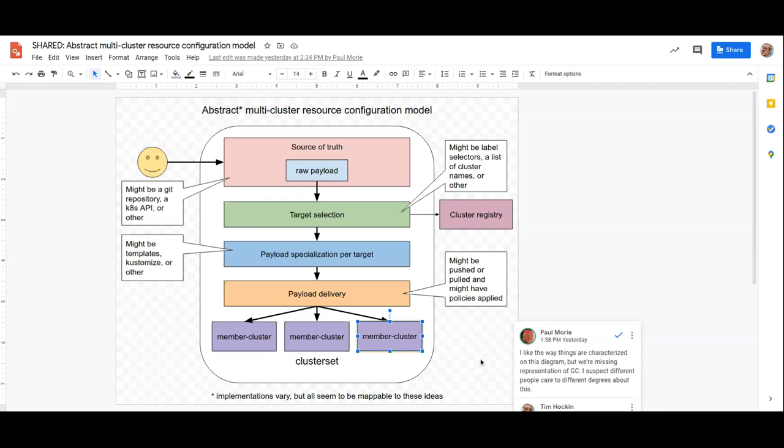I'm still going to think a little bit about whether it's worth denoting processing steps, like perhaps there's a processor between the user and the source of truth, and perhaps there's a processor between the source of truth and the payload delivery somewhere, and perhaps there's a processor at the member cluster, and any one or all of those could be no-op. Well, maybe every arrow is a processor or no-op.